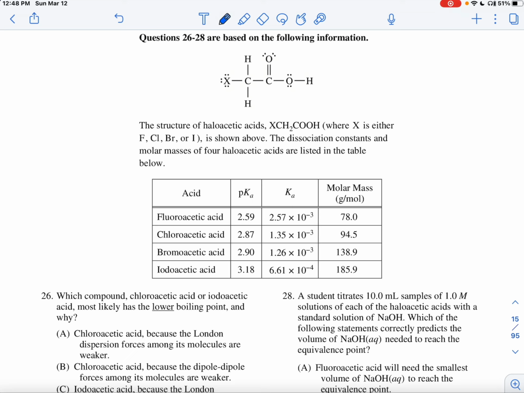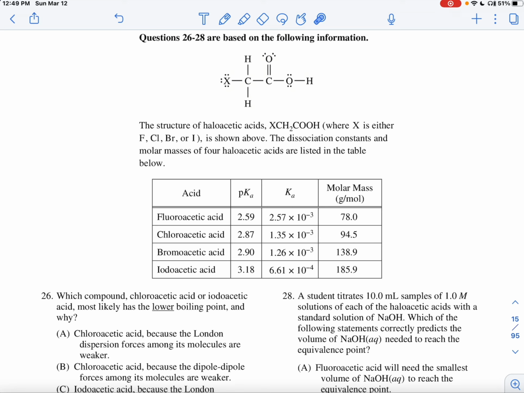It's interesting, because this is an organic compound, and it's an acid. It's an organic acid. It's not something that we really spend a lot of time on in this type of class. They're never going to expect you to know how to do this. That's an advanced course that's after this course.